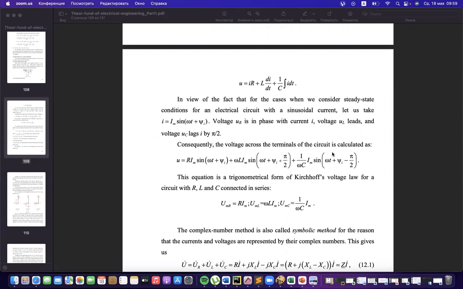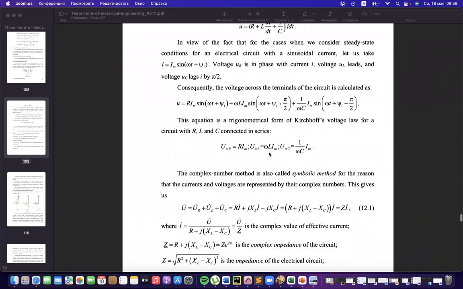From integral function, obtain shifting on minus 90. Also, you will get omega L and 1 over omega C before the equation. And once more, you will get the resistivity of resistor just as R, the resistivity of coil as omega L, and resistivity of capacitor as 1 over omega C.